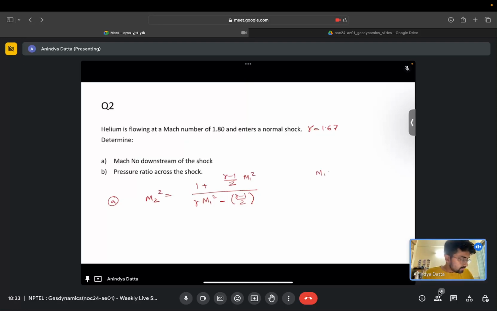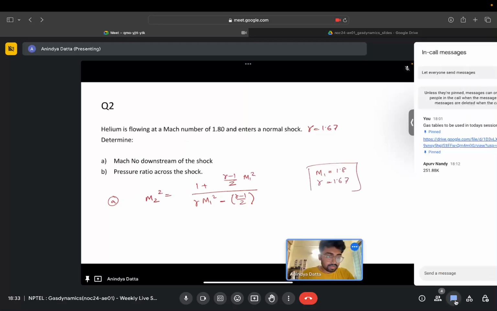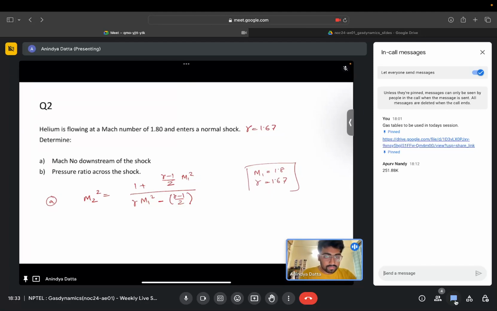Given M1 is equal to 1.8 and gamma is 1.67, can you solve this and let me know what value of M2 you are getting?